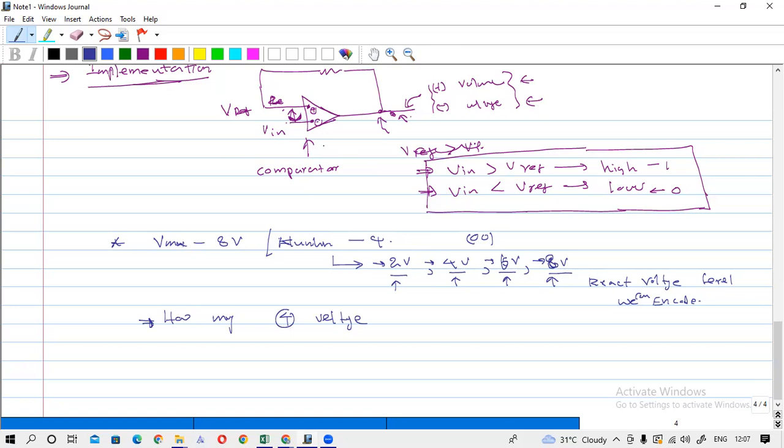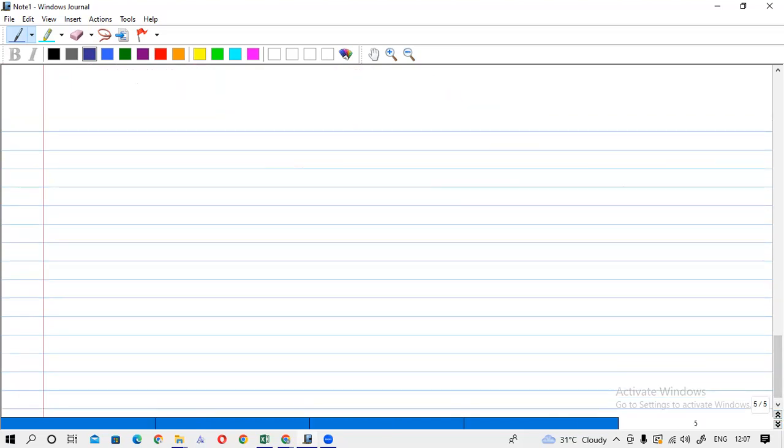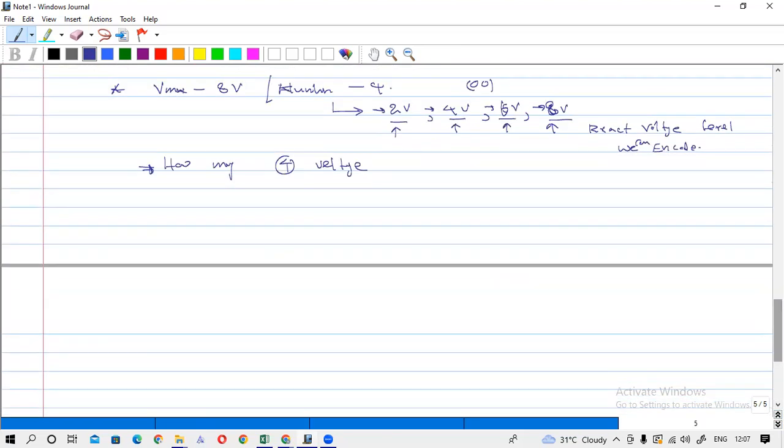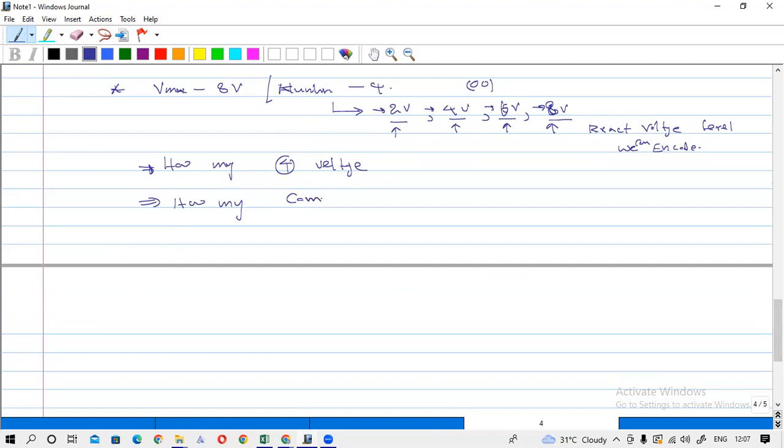For the comparison, you can use these comparator circuits. Then how many comparator circuits do we need? Yes, that is 4, because there are 4 voltage levels.